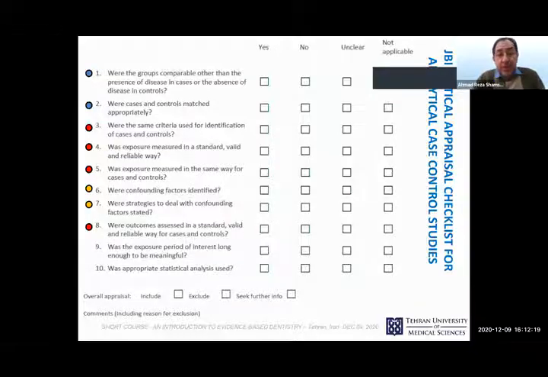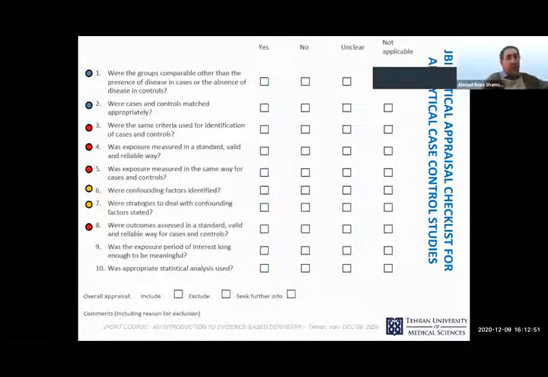Were cases and controls matched appropriately? Here matching is defined by JBI: if you get cases from hospital, you should get controls from hospital. And if you get patients from population, you should get the controls again from the population.